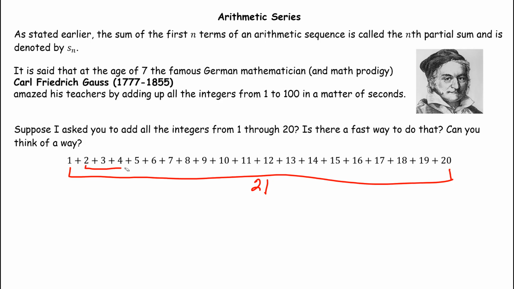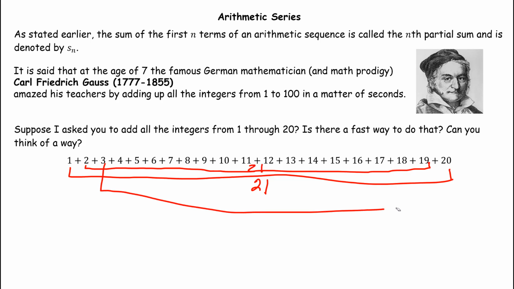The second term and the second to the last term also add up to 21. And the third term and the third from the last term also add up to 21, and so on. And so you can make these pairs that all add up to 21, starting from the outside and going toward the inside.